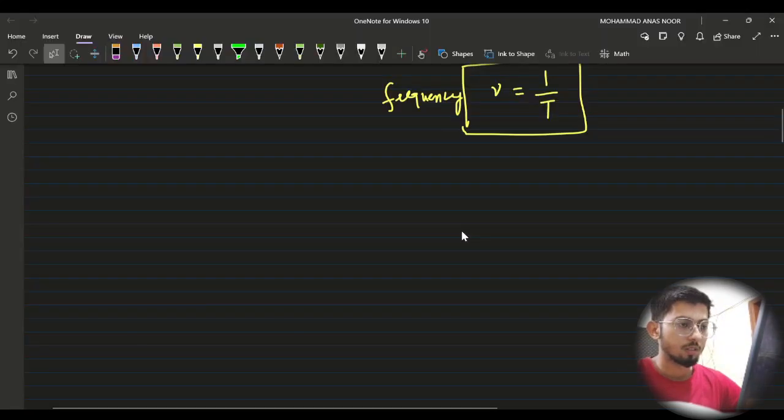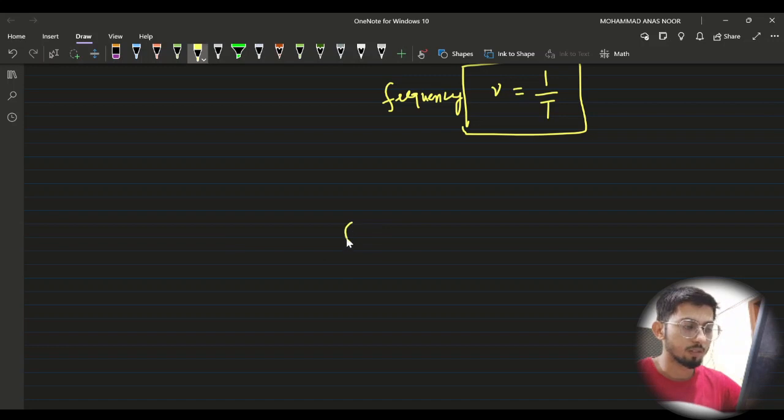So in this figure, as you can see, there is a water pump. This is the pipe which supplies water to a tank.